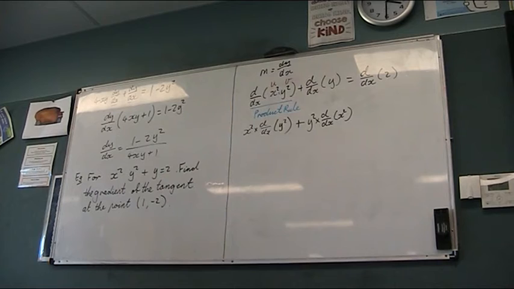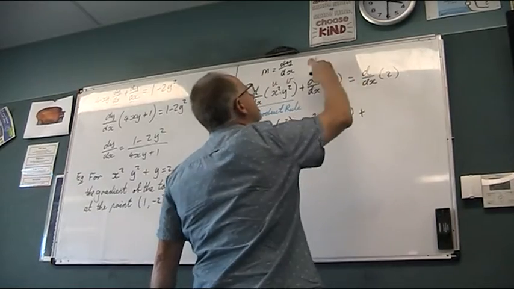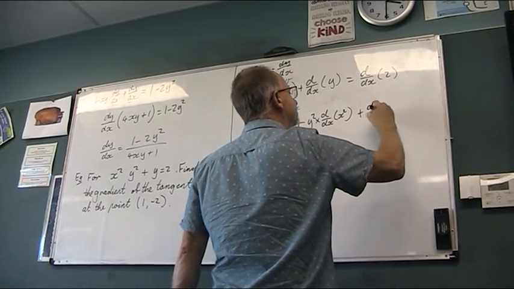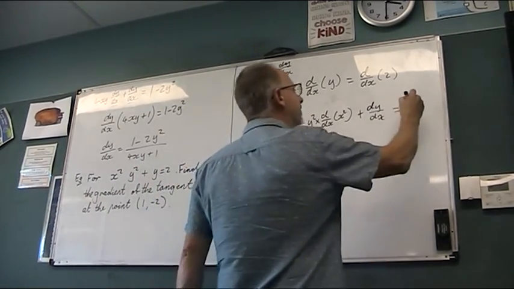Happy with that? Then the next term, the plus dy/dx, is just plus dy/dx. And that equals 0.